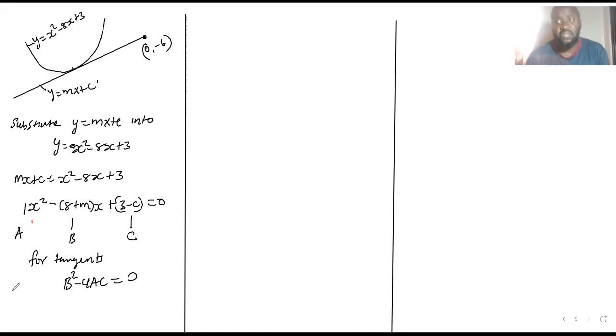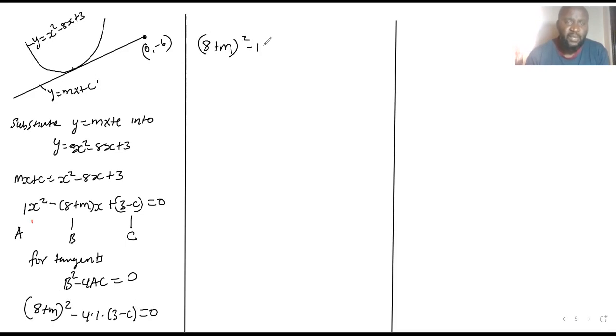If it is greater or equal, those are two options, so for one point of contact, it has to be equal to zero. So for that reason, we shall have (8 + m)² - 4 times 1 times (3 - c) = 0.